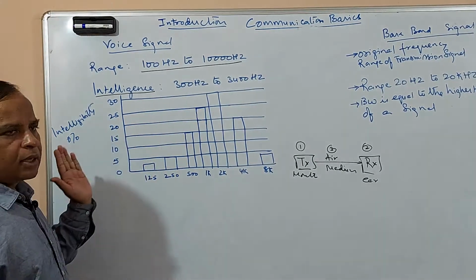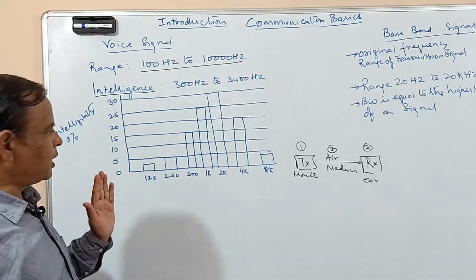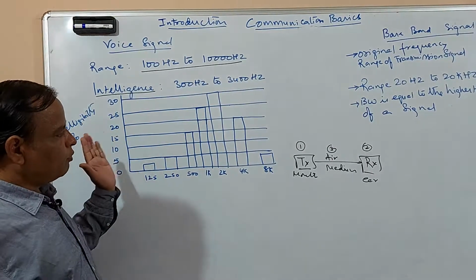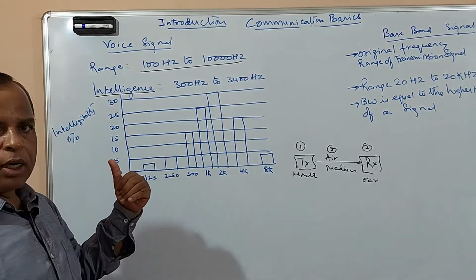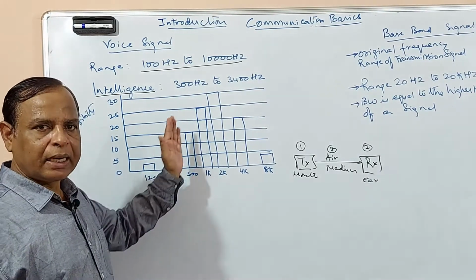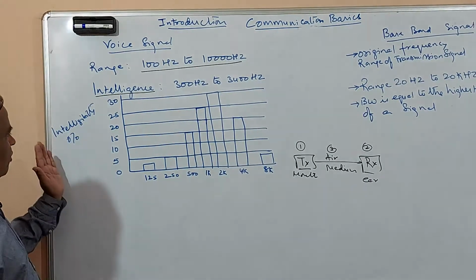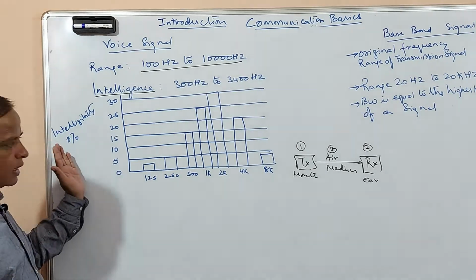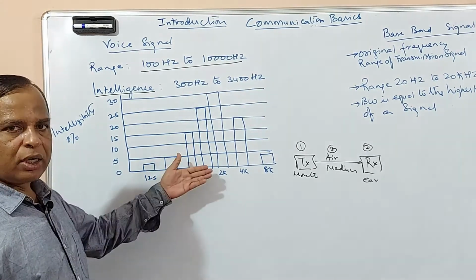In this small graph, to help you understand better, somebody has made a good effort to find what frequency components are available in the voice signal and what they contain. He made a small graph of intelligence percentage against voice frequency.